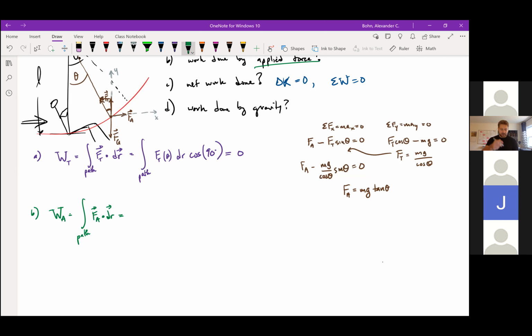It's that, we just found it. Mg tangent theta. In the x direction, I guess, because it's always horizontal.